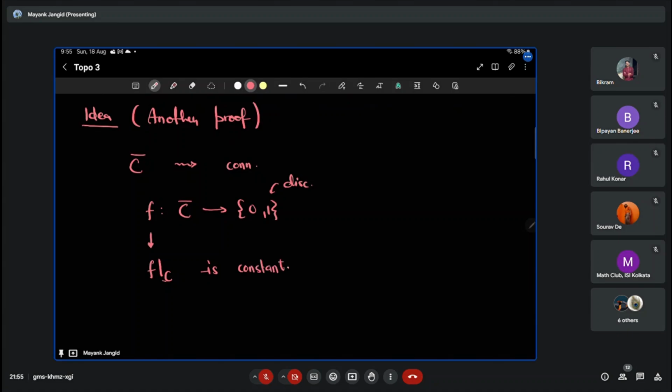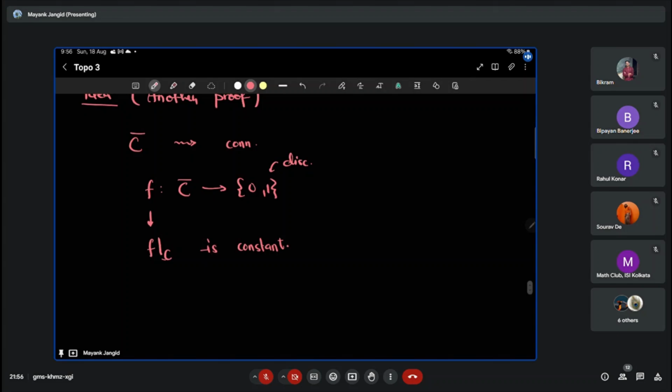Now C is dense in C bar. This thing I gave you all as homework. Therefore, the continuous extension of this constant function must be constant, because a constant function is continuous and the extension is unique. So this is another idea. You can prove it like this also. Okay, so work it out.